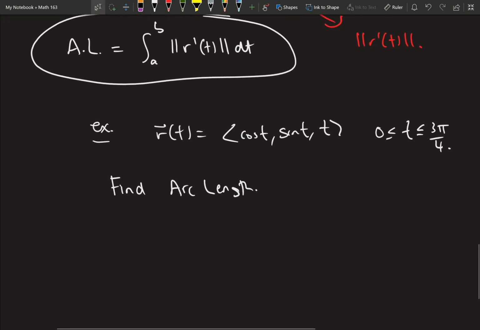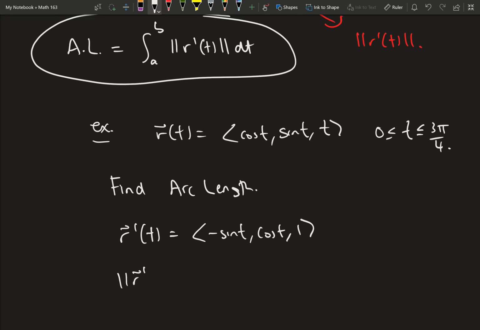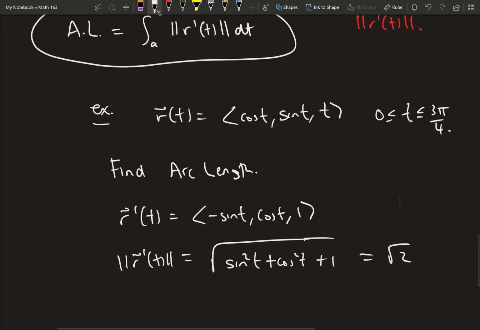Okay. Well, we take r prime of t, which is negative sine, cosine, and 1, and we find its length. In this case, we get the square root of sine squared plus cosine squared plus 1, which is simply the square root of 2.